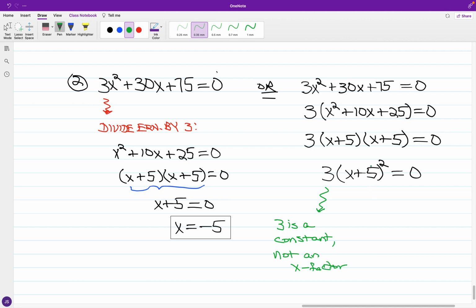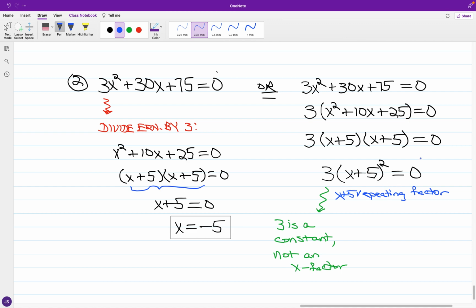And with the square of x plus 5, again, you have the same kind of situation here, but through a different pathway.